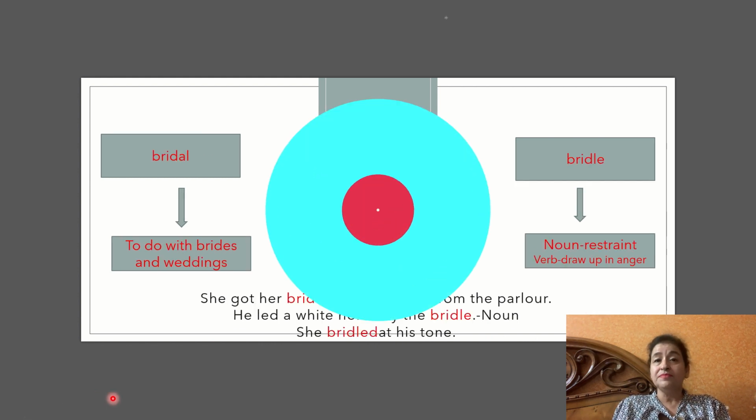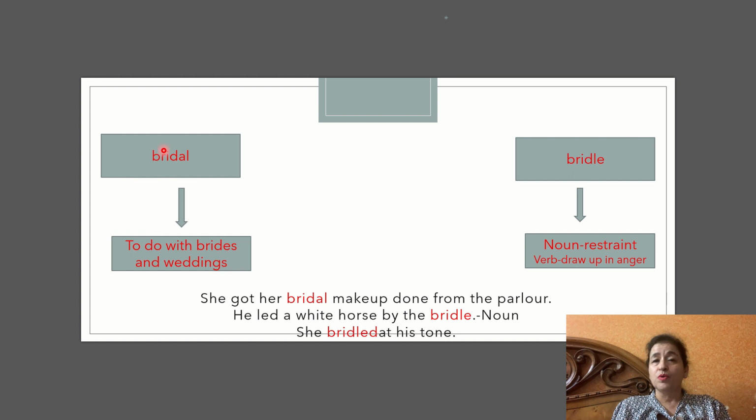These are again homonyms, since they're the same sounding words, but spelt differently and having different meanings. Bridal, B-R-I-D-A-L, means related to weddings or brides.